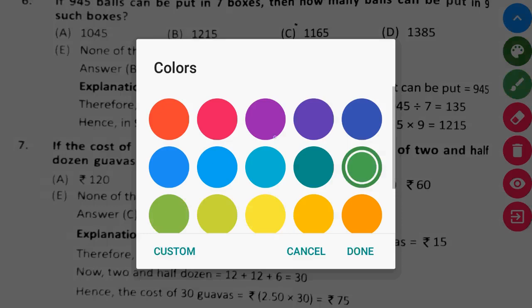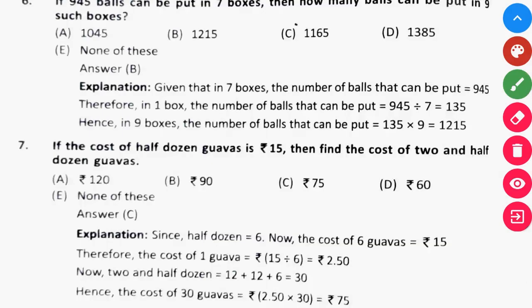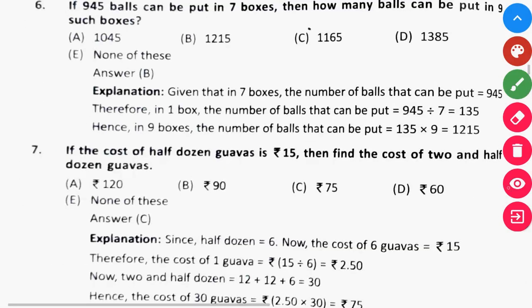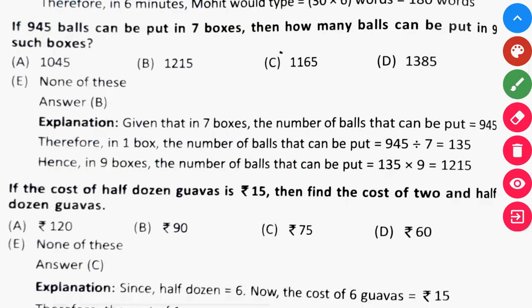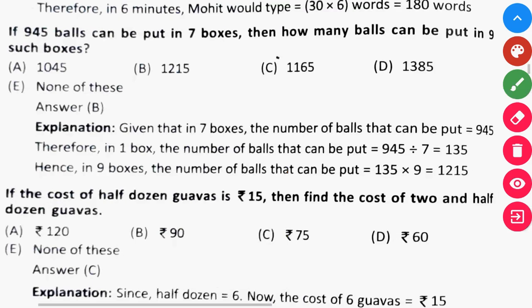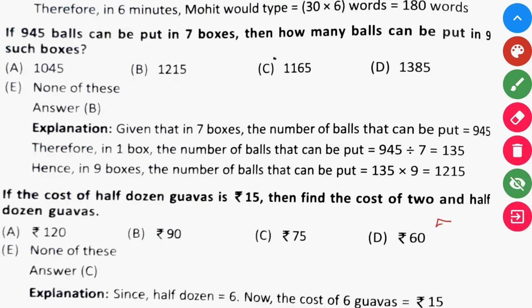The next example is, if the cost of half a dozen guavas is 15 rupees, then they asked us the cost of 2.5 dozen guavas. So see, in 2.5 dozen, how many half dozens are there? There are 5 half dozens in 2.5 dozens.